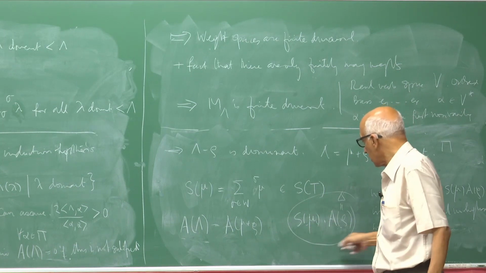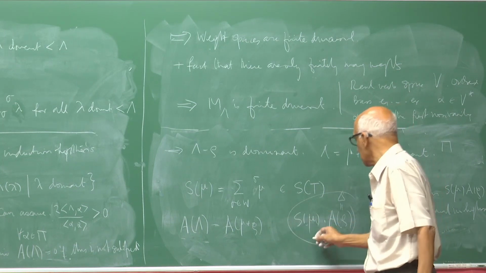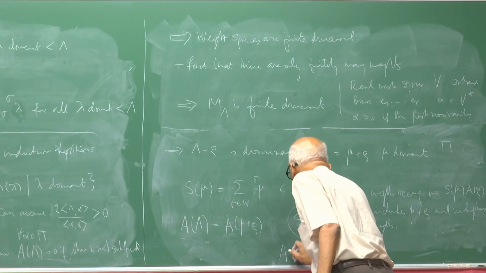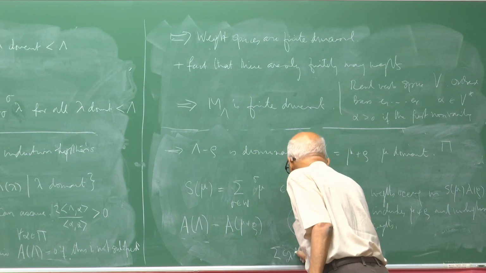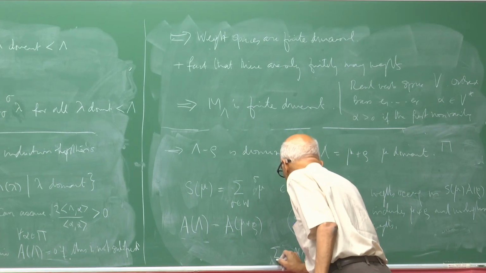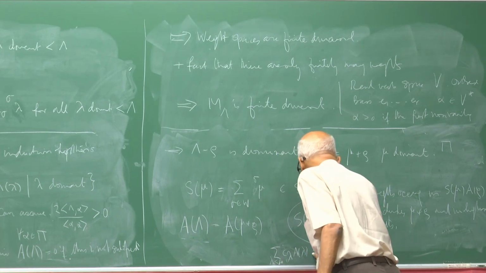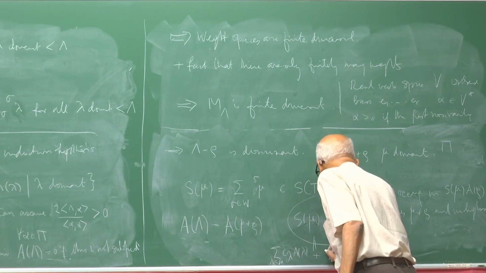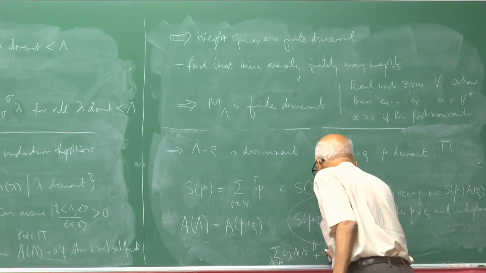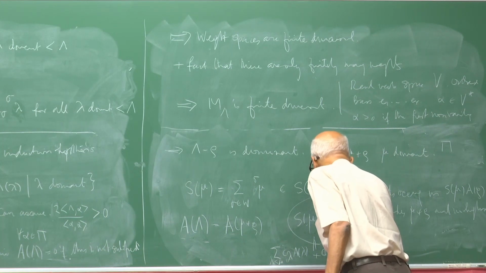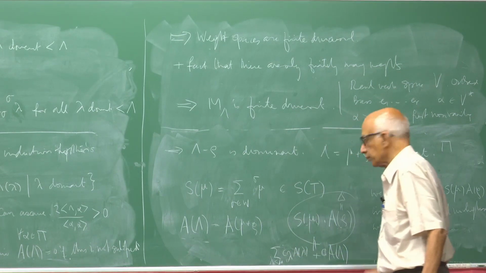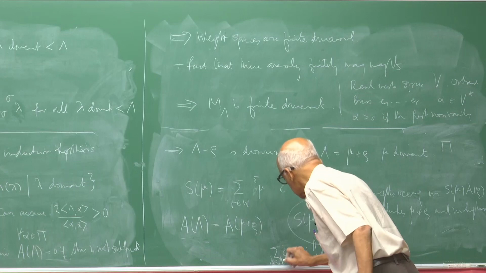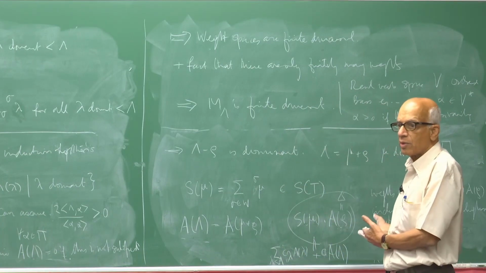So this product is a sum of some C lambda A lambda, with lambda less than lambda, plus some constant C times A lambda. That is the only extra thing that is coming up.